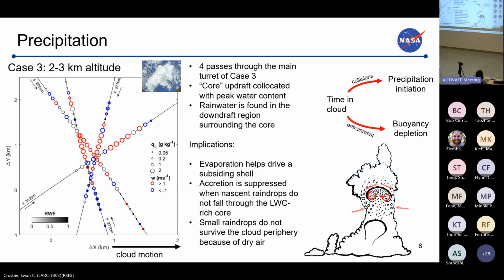On the left, the red indicates updraft air that has very little rainwater, surrounded by downdraft air that has quite high rainwater. What's happening here, I think, is that in producing rain, obviously we need time to produce collisions, but time also destroys buoyancy. And so this rainwater is being injected to the side and is evaporating into the environment and not actually contributing to precipitation at the surface.